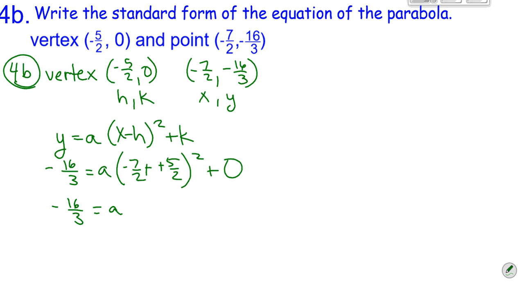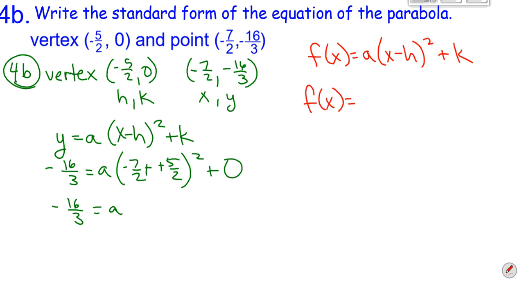And then when we write this, f(x) equals a times (x minus h) squared plus k. So f(x) equals a, this time -16/3, times (x minus negative 5/2), so I'm just going to write minus negative 5/2, so plus 5/2, in parentheses squared, plus k, which is 0.